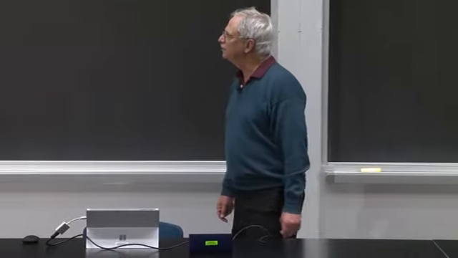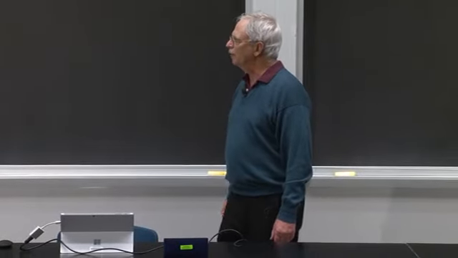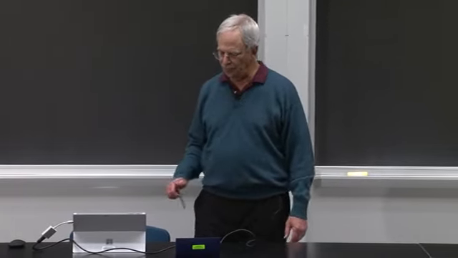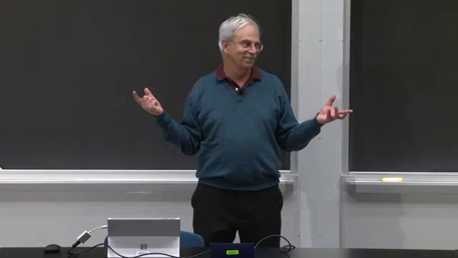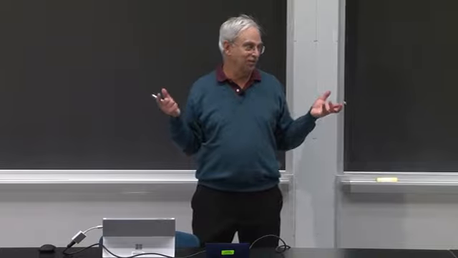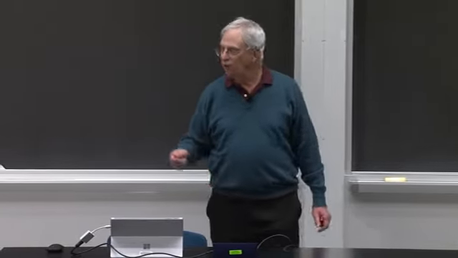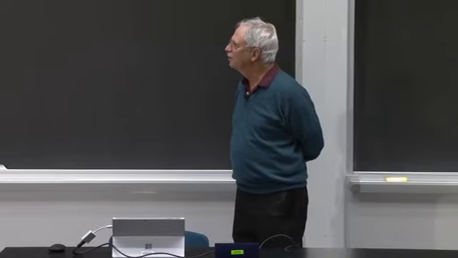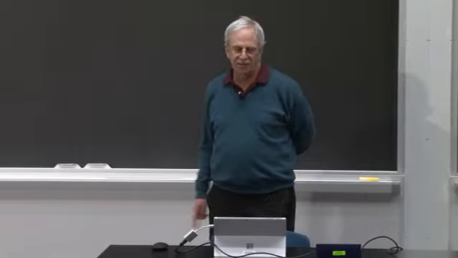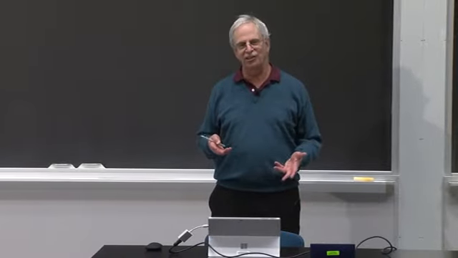And then there's k-means. It's exactly the algorithm I showed you with one little wrinkle, which is this part. You don't want to end up with empty clusters. If I tell you I want 4 clusters, I don't mean I want 3 with examples and 1 that's empty, right? Because then I really don't have 4 clusters. And so this is one of multiple ways to avoid having empty clusters. Basically, what I did here is said, well, I'm going to try a lot of different initial conditions.